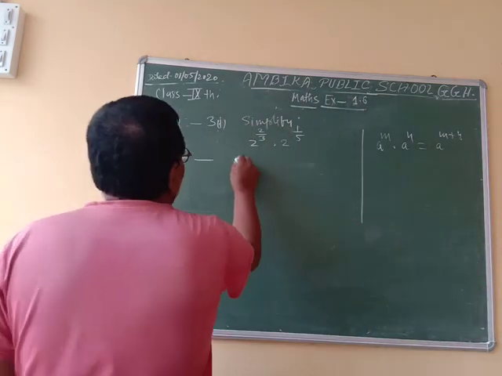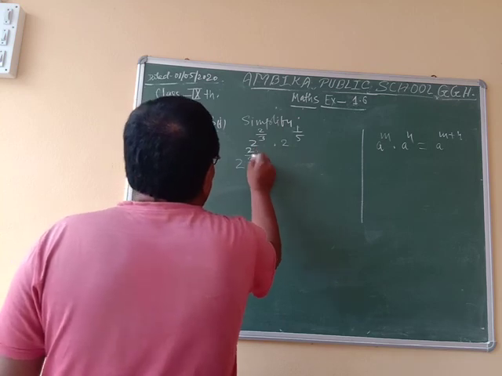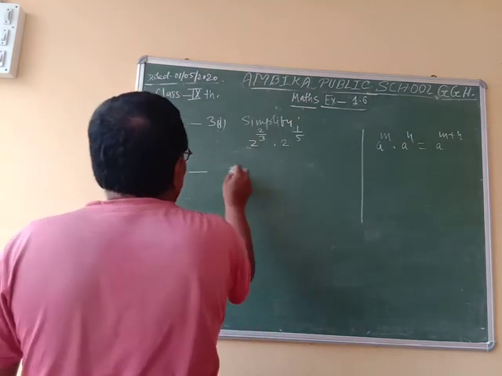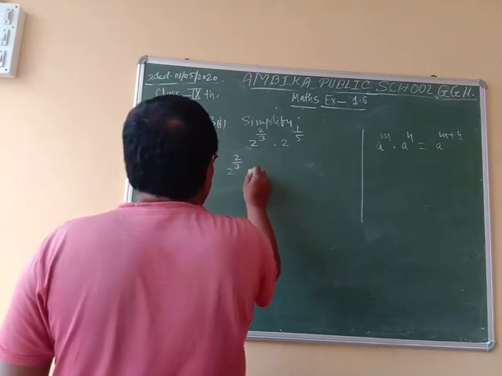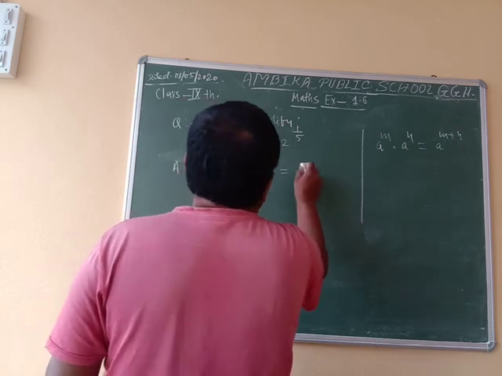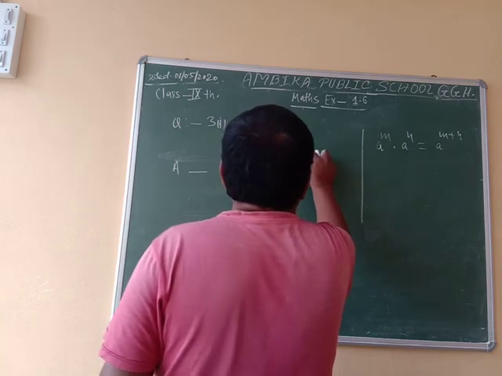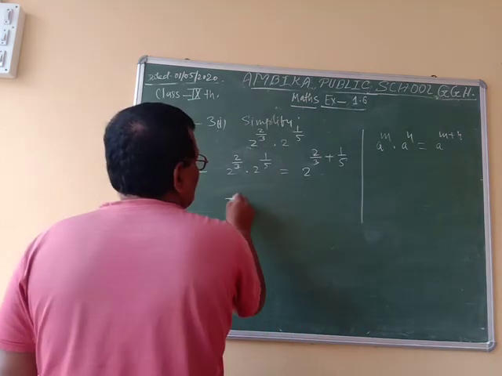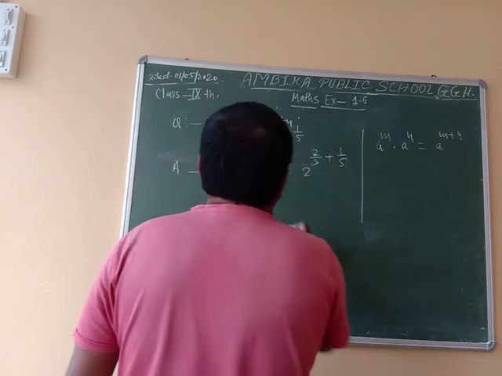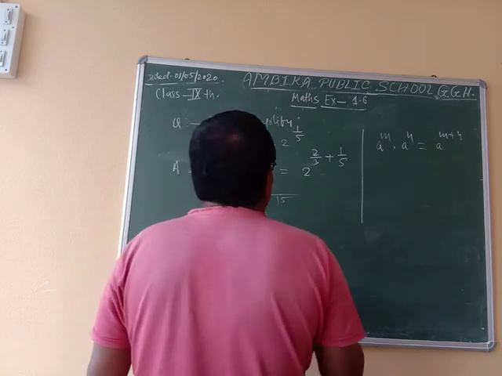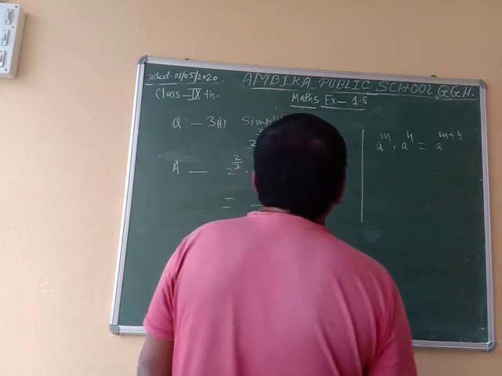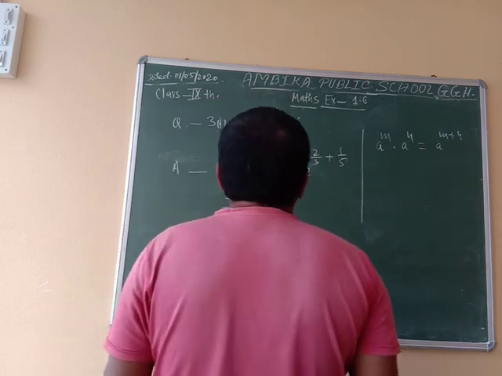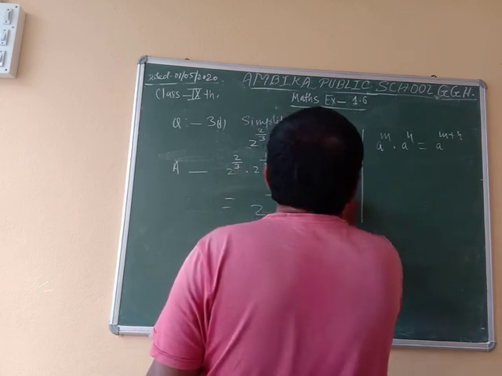Using this formula, 2 to the power 2 by 3 into 2 to the power 1 by 5 is equal to 2 to the power 2 by 3 plus 1 by 5, which is equal to 2 to the power 10 plus 3 by 15, which is 2 to the power 13 by 15.